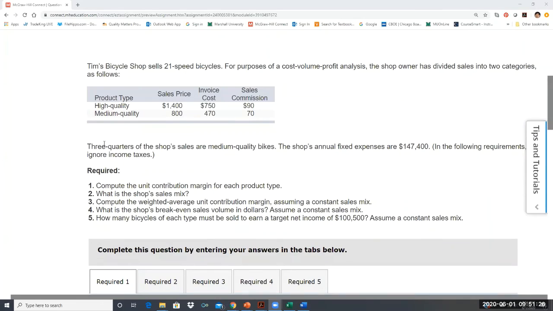Okay, it says 3/4 of the shop sales are medium quality bikes, right? So 3/4 is the medium quality bike. That basically means 75% of the sales are for the medium quality, and the 25% is therefore high quality.